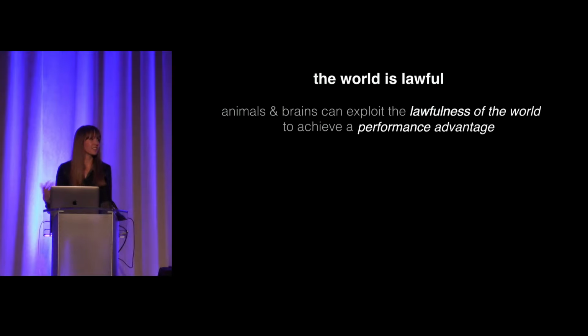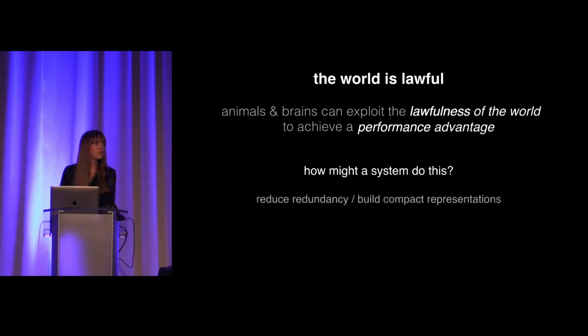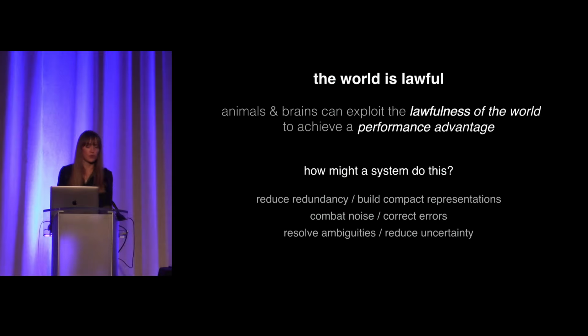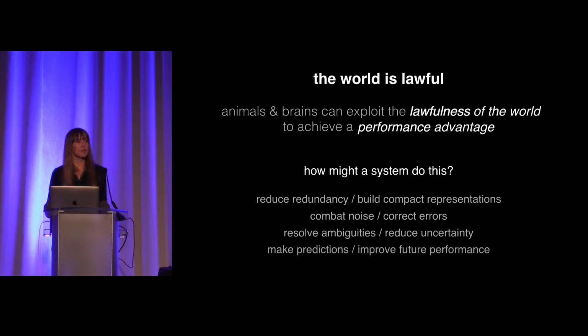And there are many different ways that a system could do this, and so we're going to be trying to talk about different ways that systems could achieve different types of performance advantages. But some of the ways that we're going to try to tackle today are thinking about how a system might remove redundancies that are present in the world around us in order to build efficient and compact representations of information, how systems might combat noise in order to correct errors, how they might resolve ambiguities in order to reduce uncertainty about unobserved states of the world, and how they might make predictions in order to improve performance not just now, but into the future.